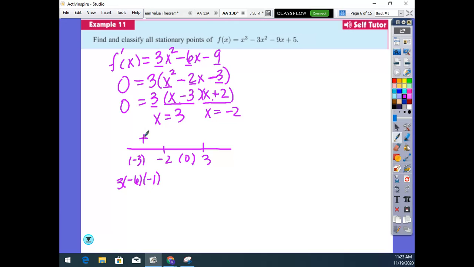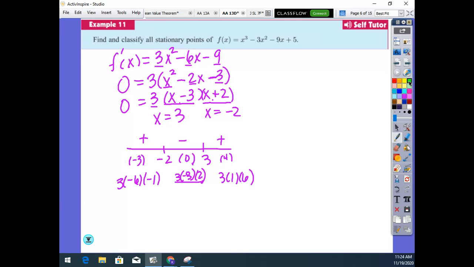I don't even care about the number. I just want to know, is it positive or negative? When I plug in 0, I get 3 times negative 3 times positive 2. When I multiply these, that's negative. And if I plug in 4, I get 3 times 1 times 6. Everything's positive.